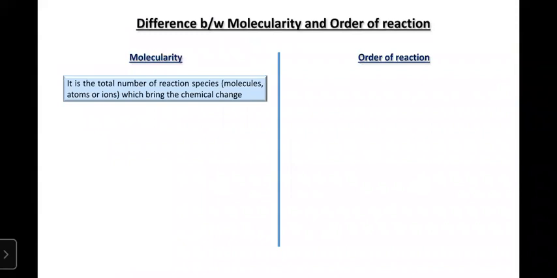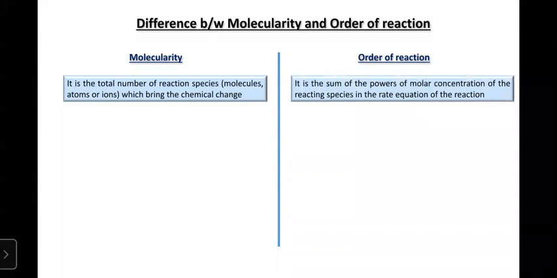Now the difference between the molecularity and order of the reaction. Molecularity is the total number of reacting species, molecules or atoms or ions, which bring the chemical change, right? But order of the reaction is the sum of the powers of the molar concentration of the reacting species in the rate equation of the reaction.